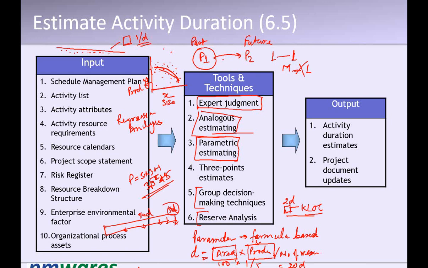What about 3-point estimates? Anybody any idea? Yes, Amitabh here. This reserve analysis, do we have any technique to determine this buffer? It should be based on the risk profile of the project.